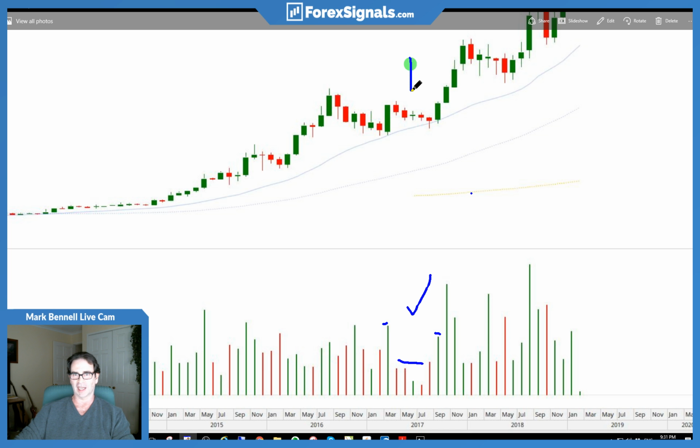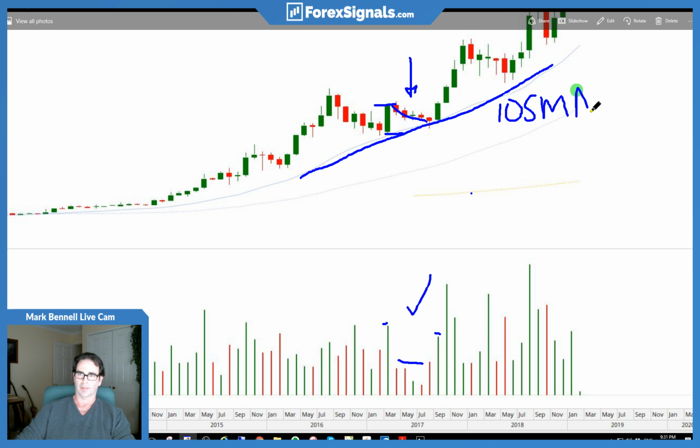See the difference here? None of these got below the wide range bar. See it here? That's right, bounce off that's a 10 SMA. Oh, it could be a 20. Yeah, it probably is. Probably a 20. The 10 will be running up here.